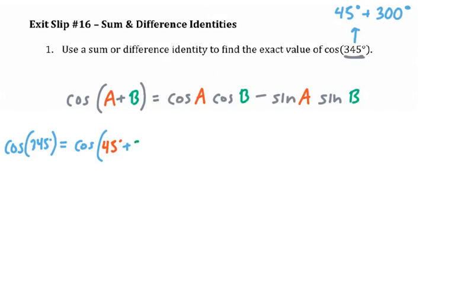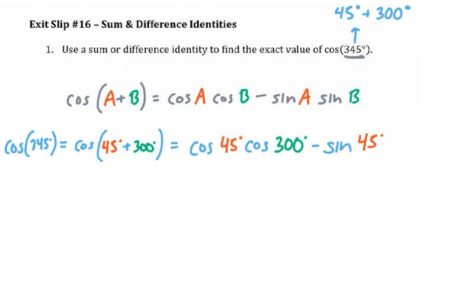I just generally put the smaller angle first, but again, that's just personal preference. And so this will be equal, using the sum identity, to cosine of 45 degrees times cosine of 300 degrees minus sine of 45 degrees times sine of 300 degrees.